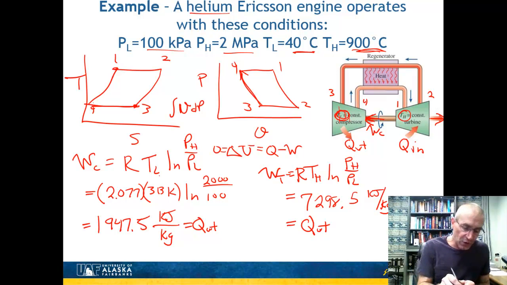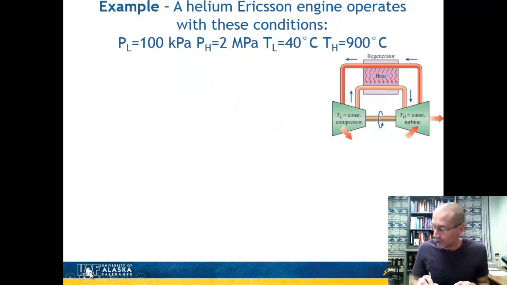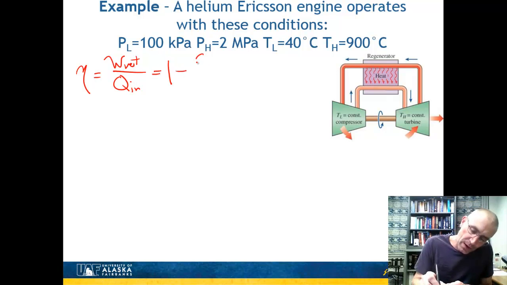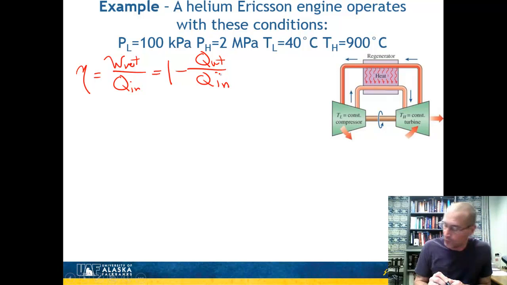All right, so now I have Q in and Q out. I have the net work, which is the difference between the work of the turbine and the work of the compressor. So we can calculate our efficiency, which is the net work over the heat that goes in. In fact, I'm just going to rewrite it this way, 1 minus Q out over Q in, because we had those numbers directly. Let's plug those in.